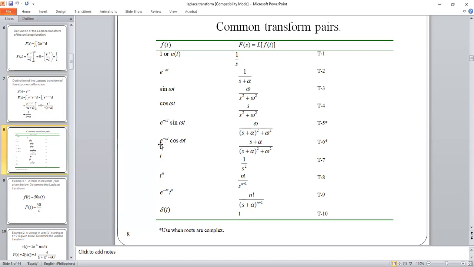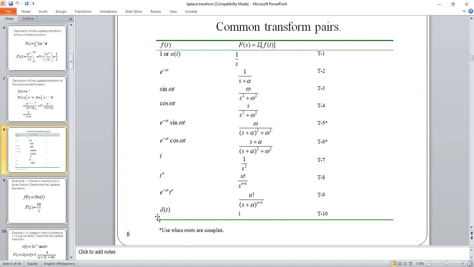It's because your alpha here is negative in the exponential function. The same principle applies when you have t raised to n multiplied by e raised to minus alpha t. You shift the s by subtracting from it the value of alpha. So it becomes positive here because your alpha is negative.